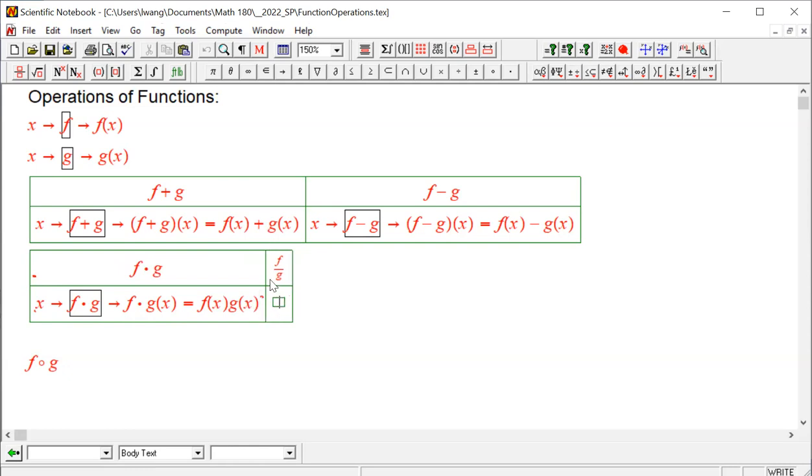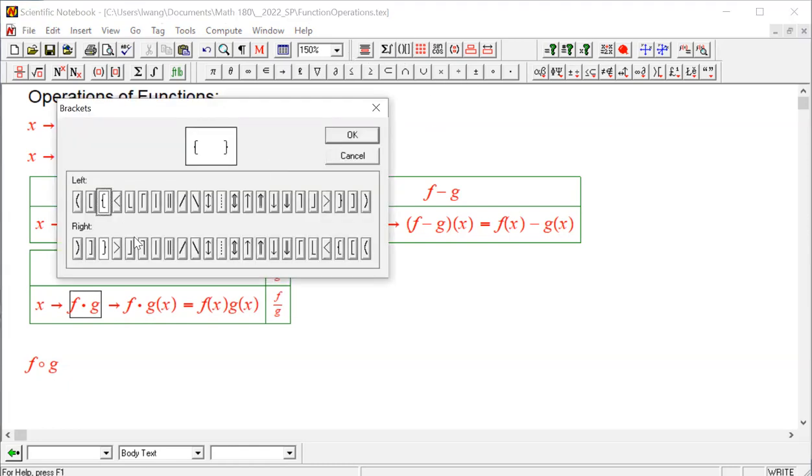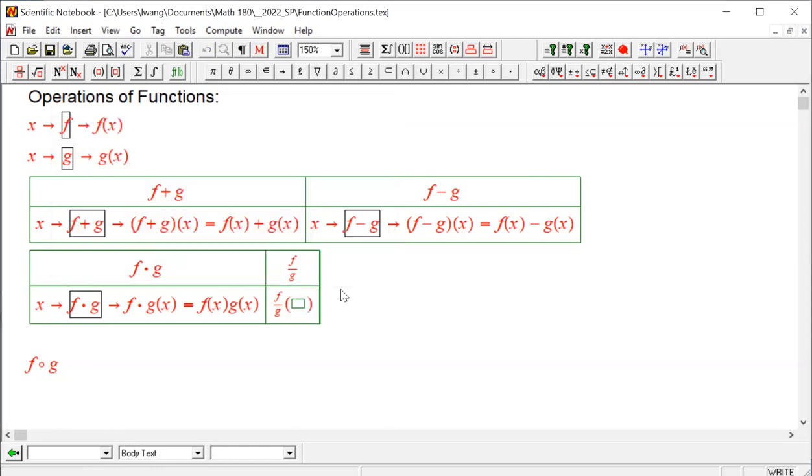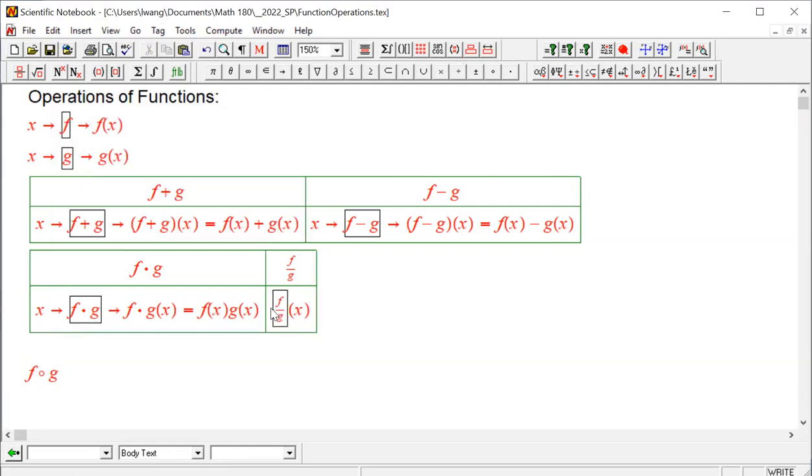For the quotient, it's another rule: one function divided by another function. This will be a new rule that takes an input and produces an output. This is how we write it, and we're going to have an example.